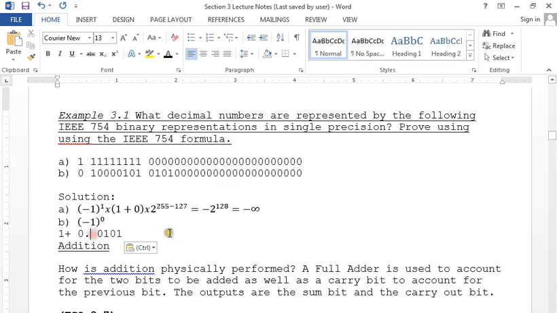So now this becomes 1.0101. What is this in decimal? I'm going to show you a little trick for those of you who don't know.